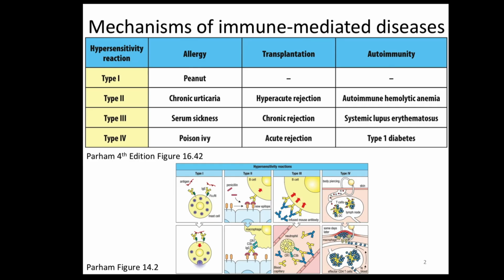But there are some other situations where it's a little bit harder to say, is the problem too much inflammation? Is the problem response to self? How much is the problem an outside antigen? So some of the situations are a little bit grayer and don't divide as nicely here.